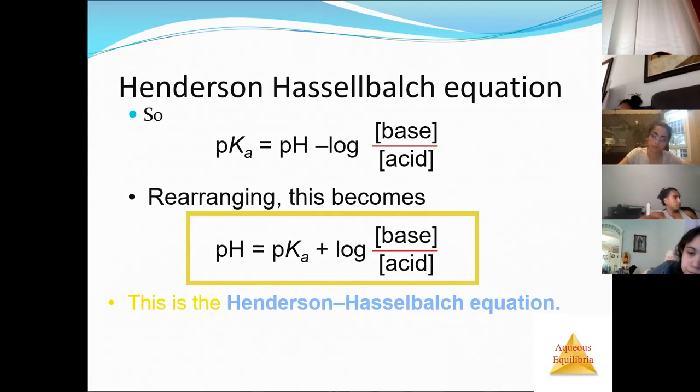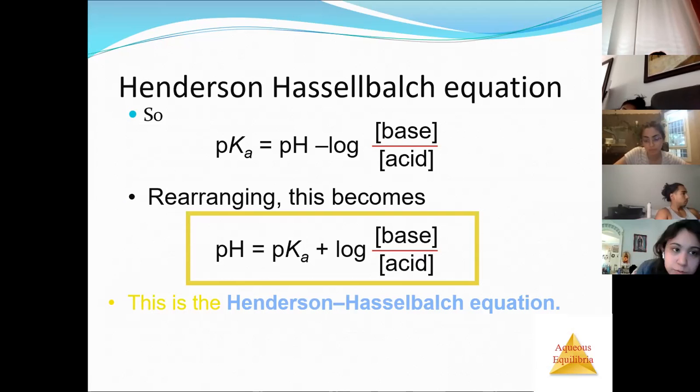What is the concentration of base divided by the concentration of the acid? Araceli, if the concentration of the base equals the concentration of the acid, when I divide them, what does that equal?